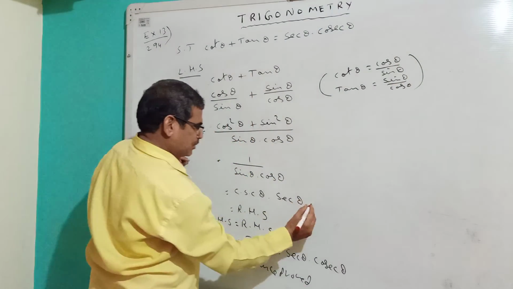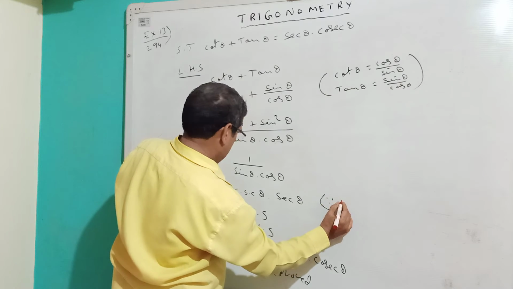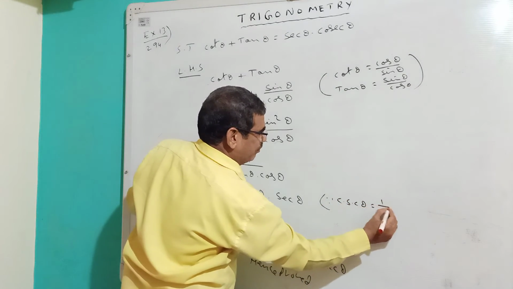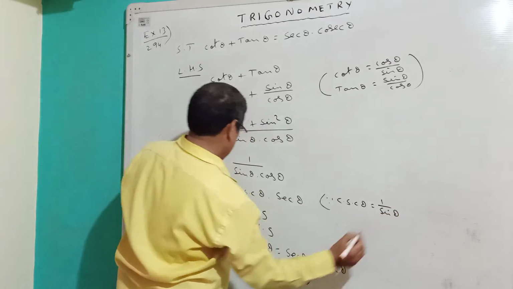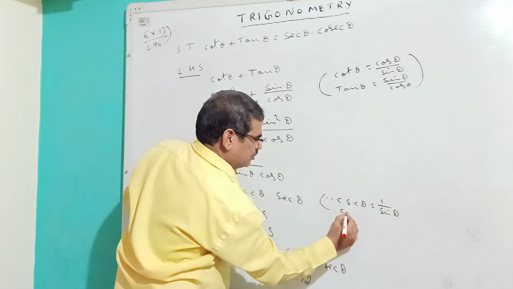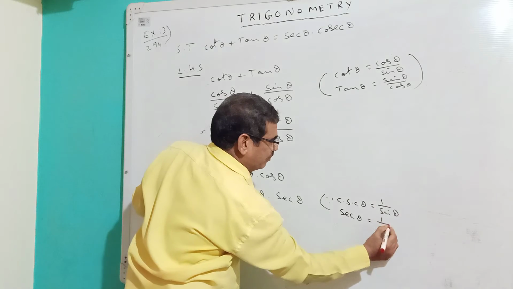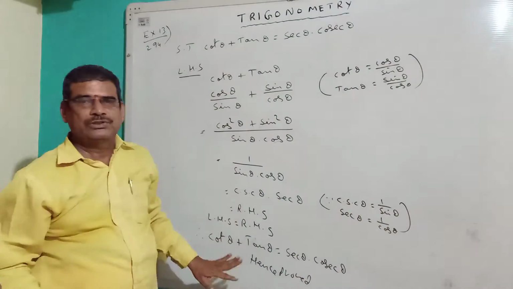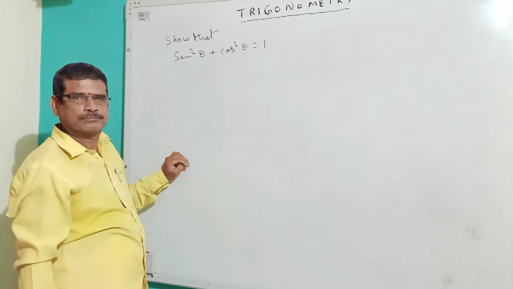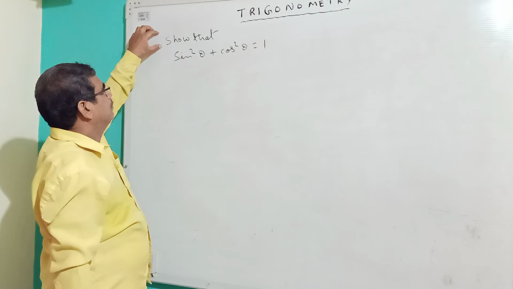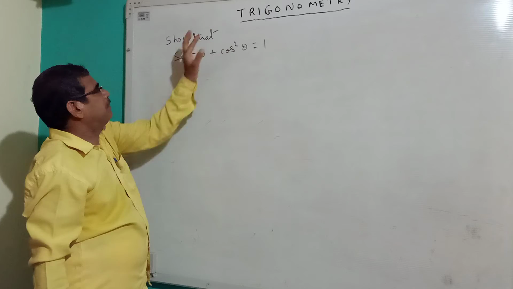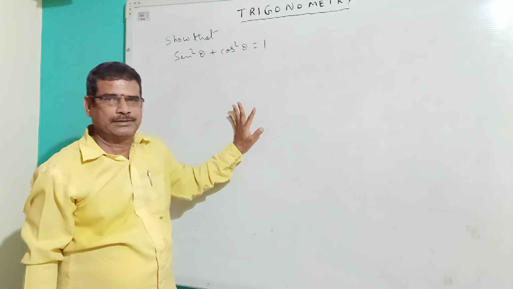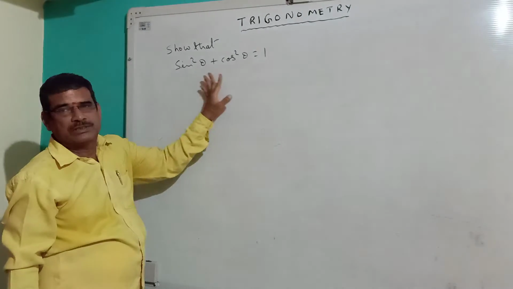In the same way here also, cosecant theta is equal to 1 by sin theta, secant theta is equal to 1 by cos theta. So this is one of the easy questions, one of the important ones. Next, we have to show that sin square theta plus cos square theta is equal to 1. This is one identity. So how did this come?